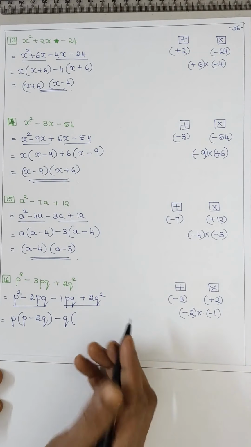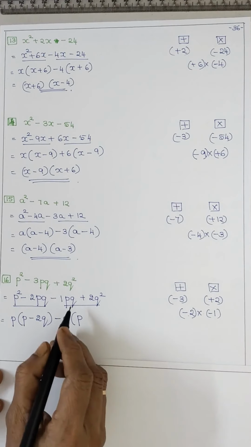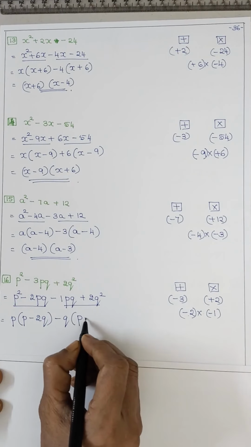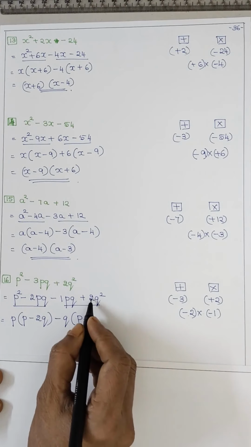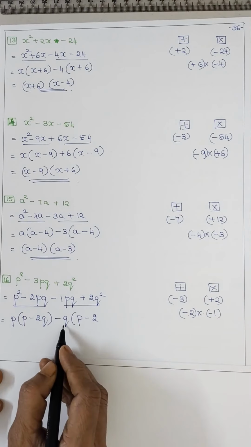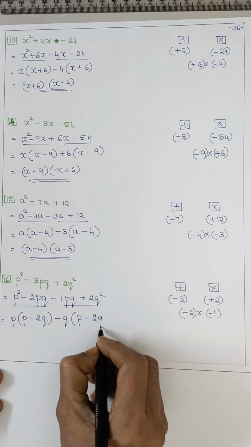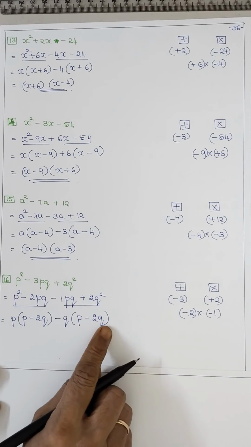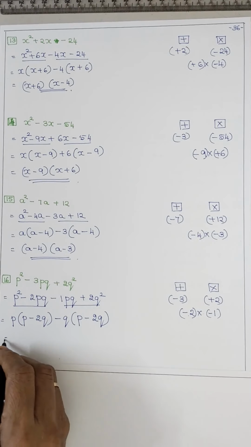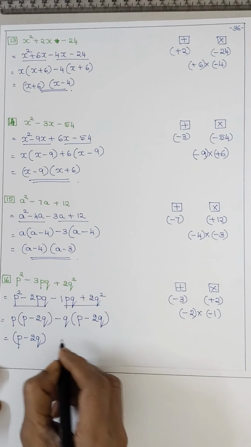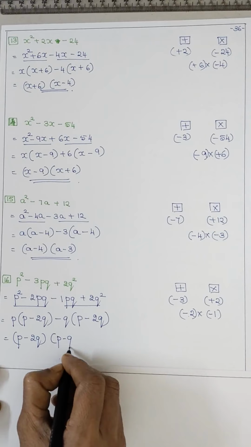We are not writing 1, directly p. Now this is minus, so this sign will be opposite, so minus. So 2 as it is, q square, 1q we have taken already out, so only 1q will be there. Now it is the same, p minus 2q, so p minus 2q and then p minus q.